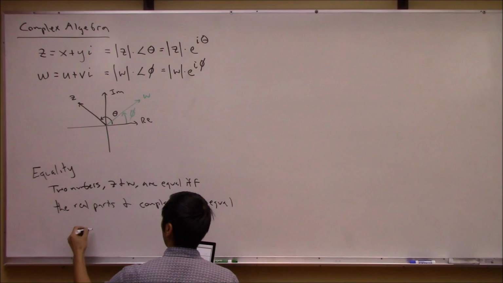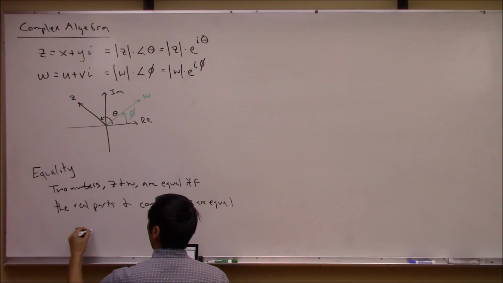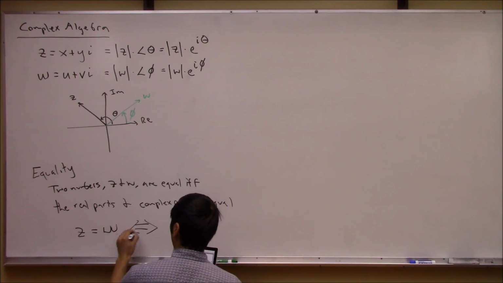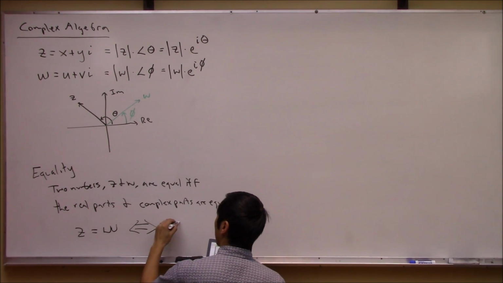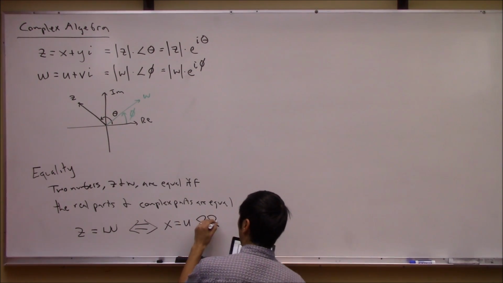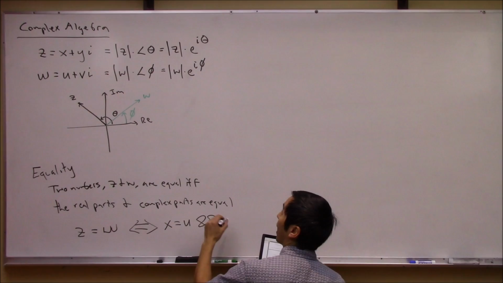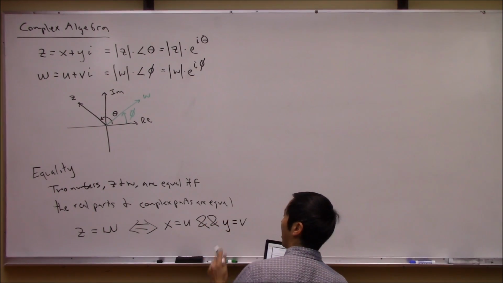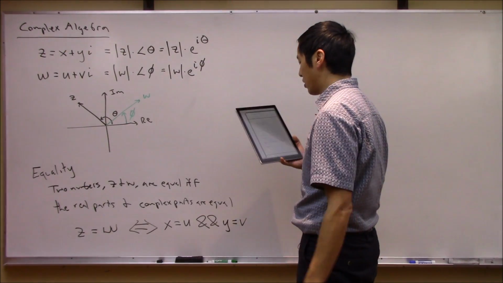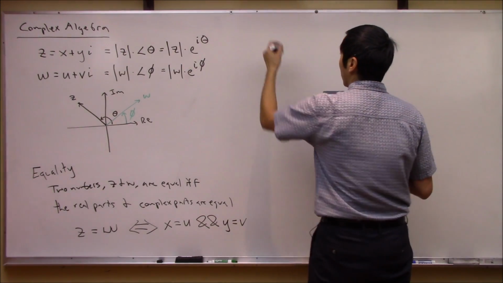So in other words, z equals w if and only if x is equal to u, and I'll use a Matlab operator, the double ampersand, and y is equal to v. So this is a little bit of a duh moment, but I thought it might be good to just state that fact.